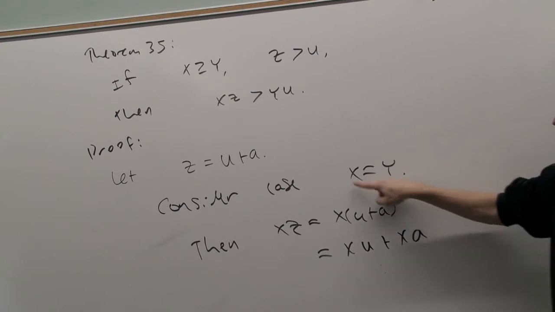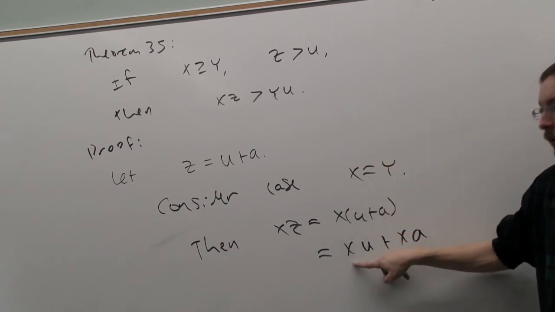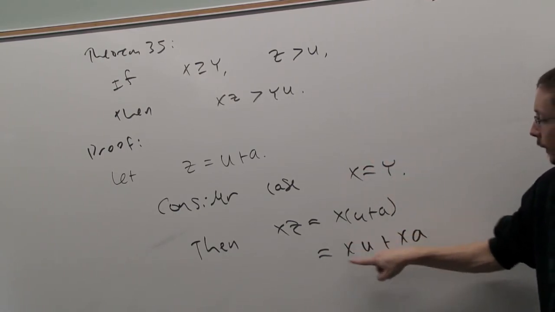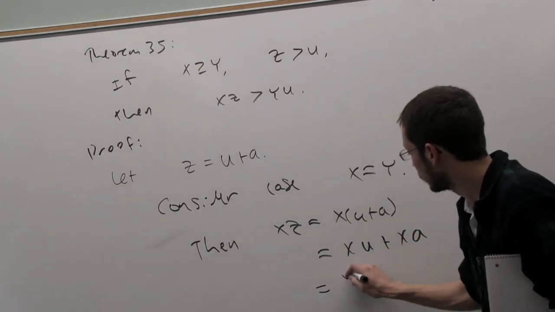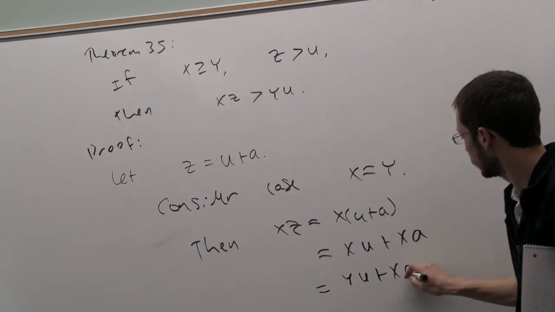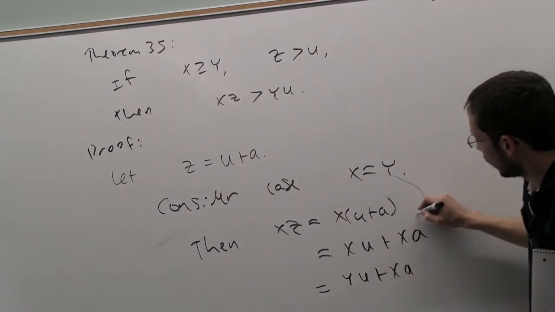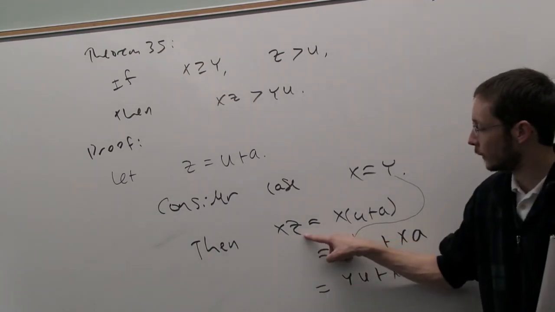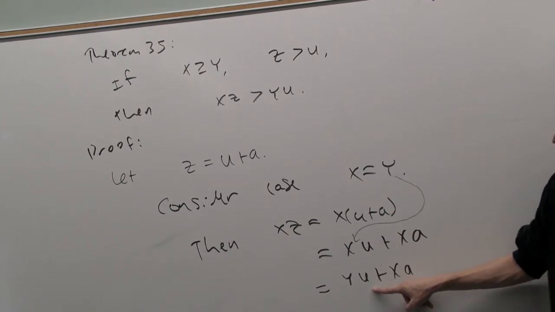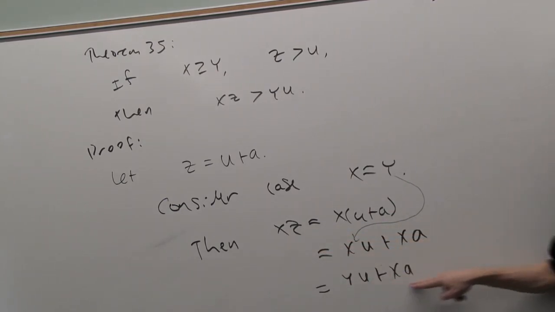And just like we did before, if x is equal to y, we can make a substitution. In this x right here, we'll substitute a y. Okay, here we see an x, we can replace it with y. And that gives us what we need. We need that xz is larger than yu, which we now have because xz is equal to yu plus another number.